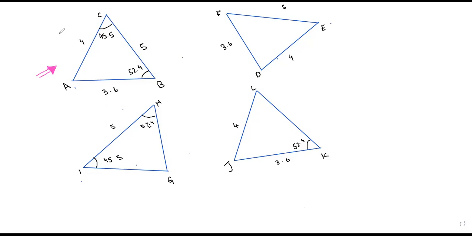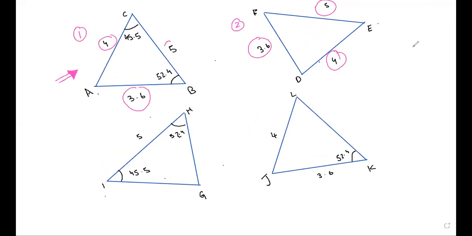So this is the first triangle ABC. Let's see if the second one, DEF, is congruent or not. This side is 3.6, this side is 3.6, this side is 4, this side is 4, this side is 5, and this side is also 5.